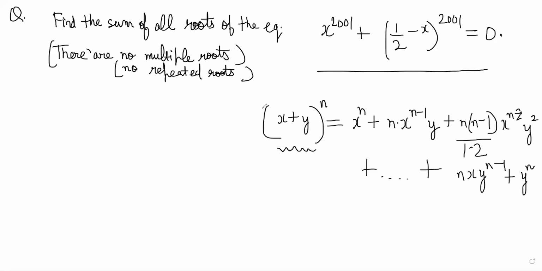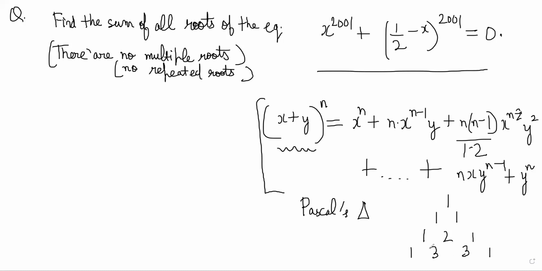Now it's a very simple theorem. If you don't know about it, go online, search, you will get the result. You can watch some YouTube videos explaining binomial theorem. There are videos on my channel also. You can find the coefficients by Pascal's triangle. Pascal's triangle, if you have heard of, it's the triangle like this: 1 1 1 1 2 1 1 3 3 1.